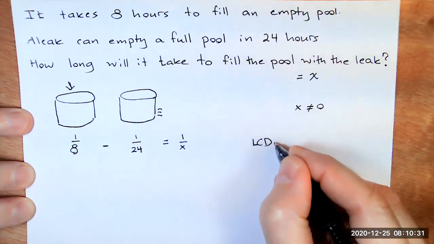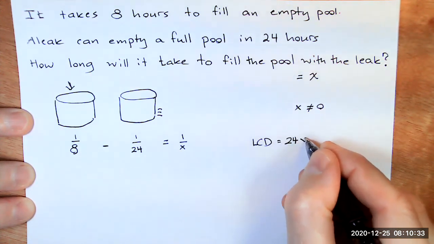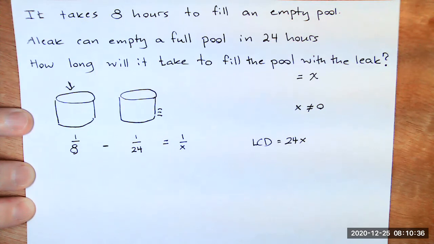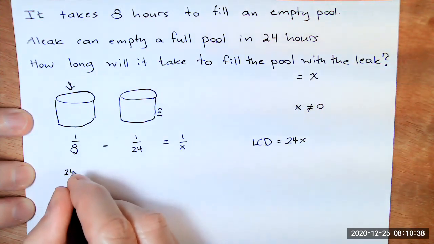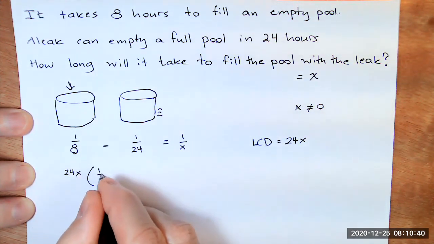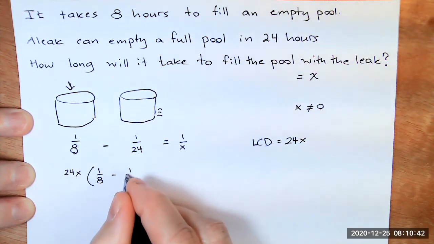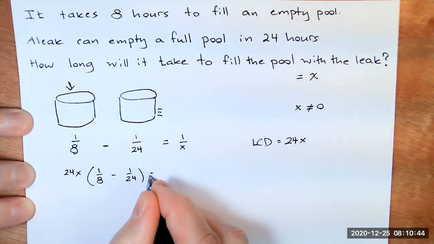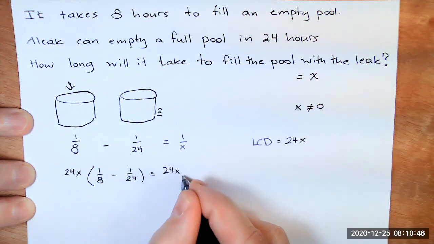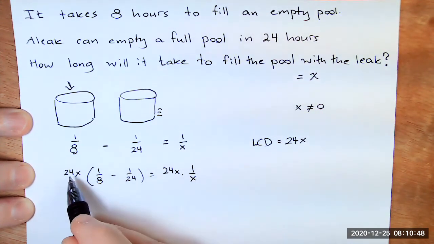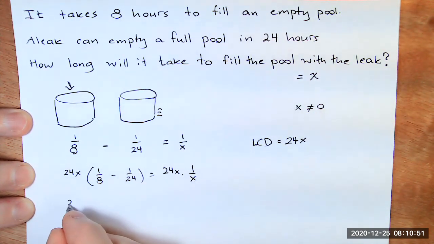Find the least common denominator, just 24x. Multiply both sides. Make sure you distribute before you simplify.